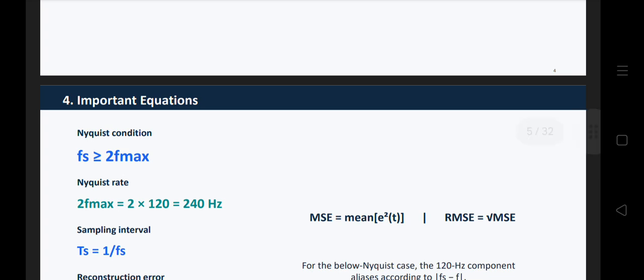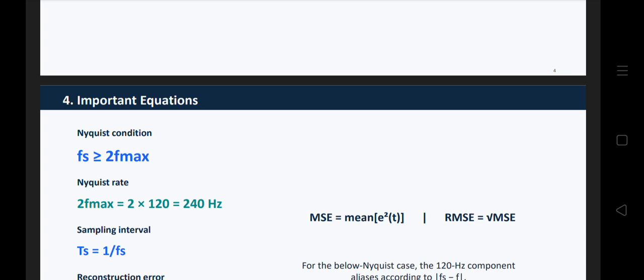Here is the Nyquist condition. Fs is greater than or equal to 2 times Fmax. Here Fmax is 120 Hz, so the Nyquist rate is 240 Hz.